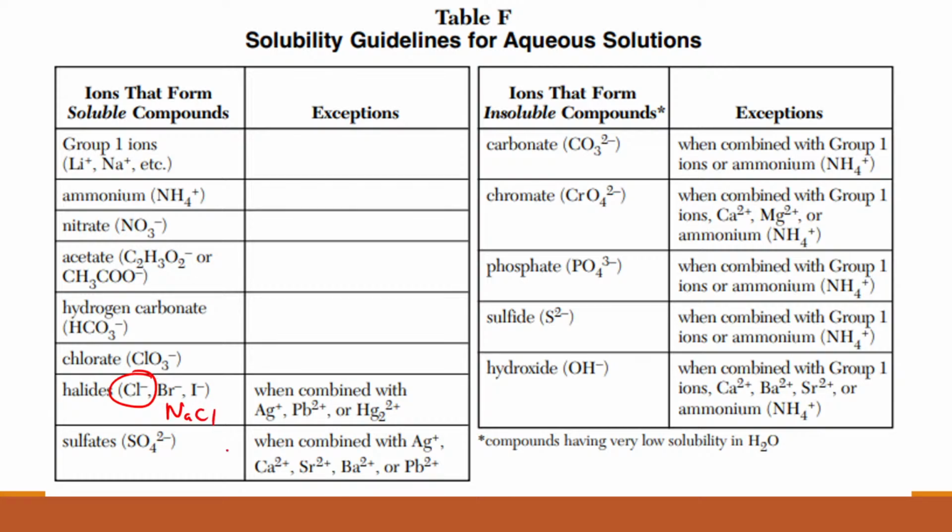NaCl, salt, is soluble, dissolves in water. AgCl is insoluble, it does not dissolve in water, because silver is an exception for chloride. Chloride normally dissolves, but when you pair it with an exception, it does not dissolve.